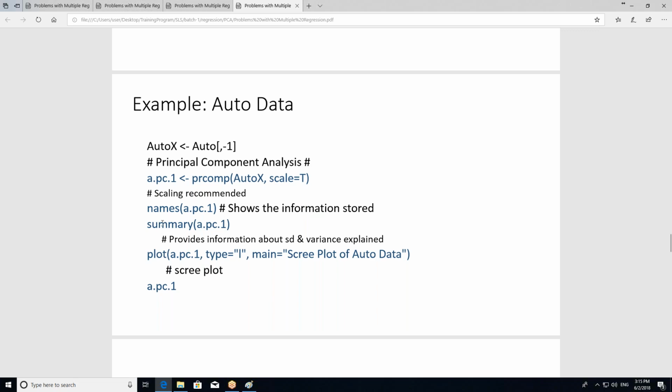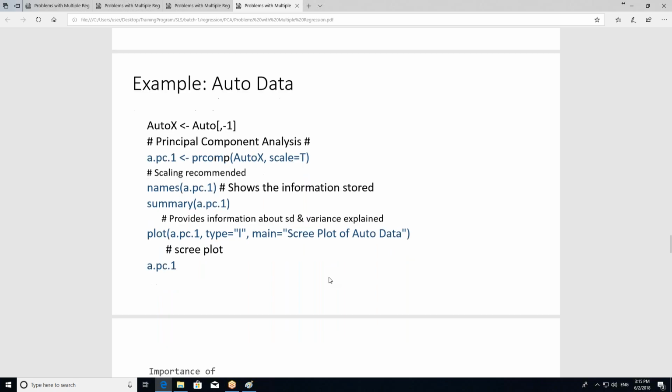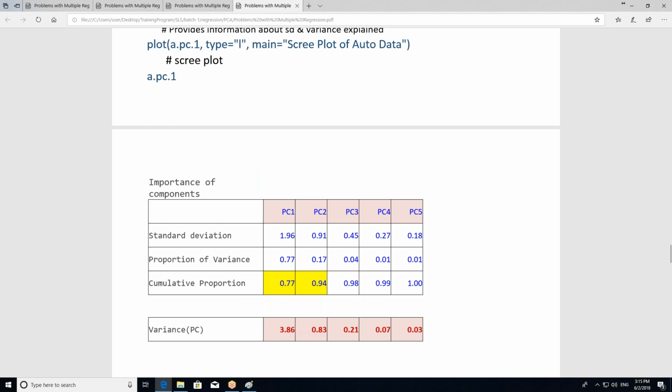So you can see this is nothing but the principal components you will be getting. Summary, let me go back. Now let's see here. PC1, PC2, PC3, 4, and 5 are given, with the standard deviation and proportion of variance.